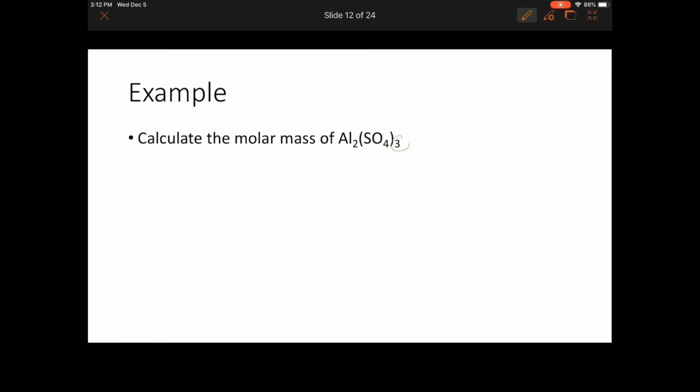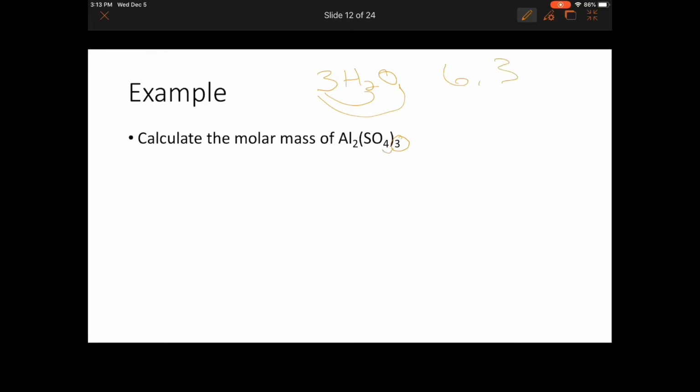So this 3 outside the parentheses, we're going to FOIL it just like we did when we were doing the coefficient and figuring out the atoms like this. And we went and we FOILed it, and then we ended up with 6 and 3.